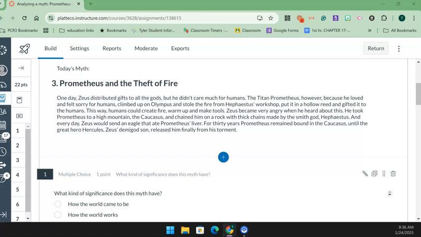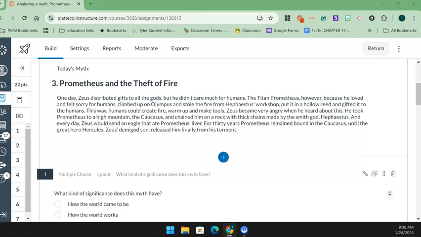Now, this version of the story doesn't say this, but what happened was Prometheus was chained to this rock and he couldn't move. And every day the eagle would come and peck out his skin and eat his liver. And then every night, Prometheus's liver would grow back. And then the next day, the same thing would happen. This eagle would tear at his flesh, tear through his skin, tear through his muscles to get to his organ, and then eat his liver.